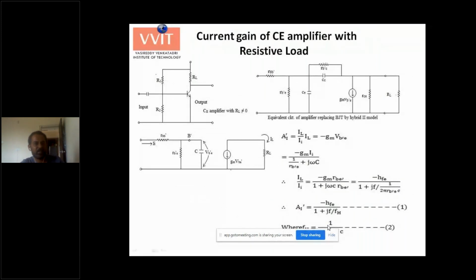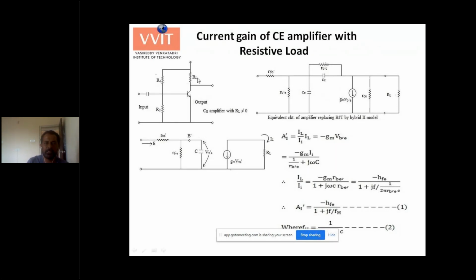Now we will extend our analysis by keeping a load. Until now we have taken load equal to 0. Now you can go for voltage gain analysis or current gain analysis. For this class, we have only taken voltage gain analysis. I have kept an arbitrary load. Usually our load will be less than 5 kilo ohms; for all practical amplifiers, the load will be less than 5 kilo ohms.